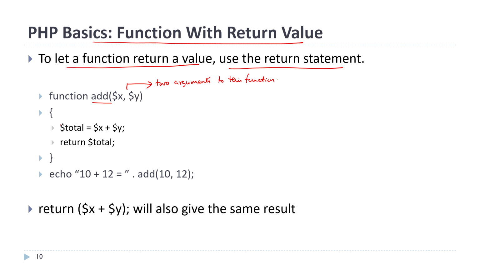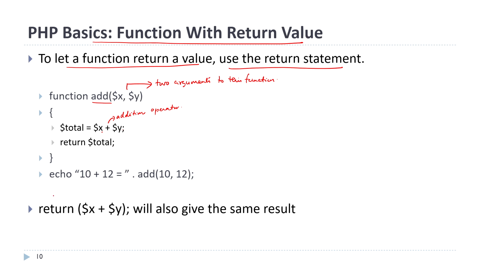This code takes $total equal to $x plus $y, the addition operator. It sums the values, puts it in total, and says return total.